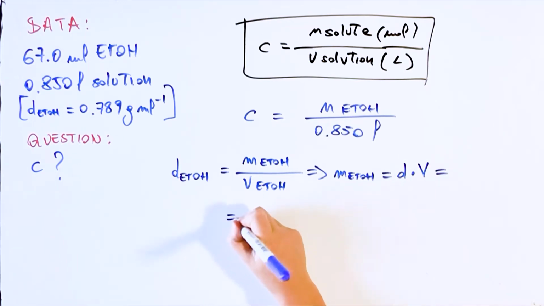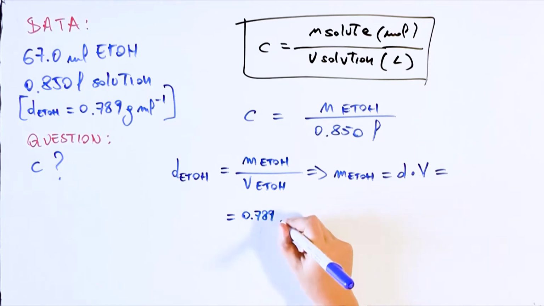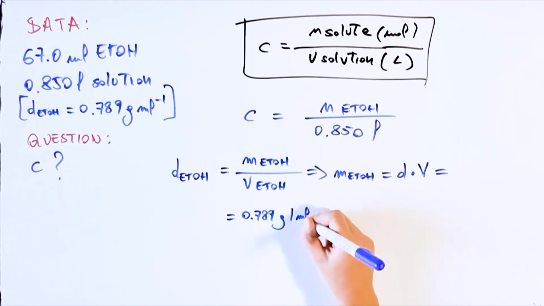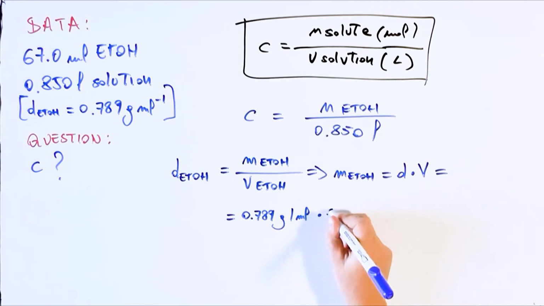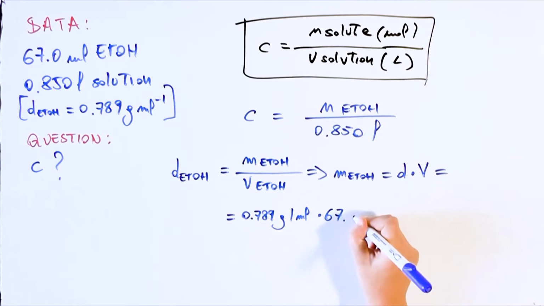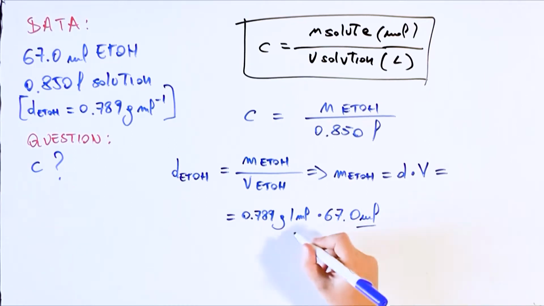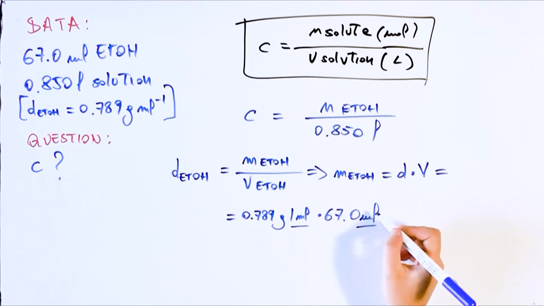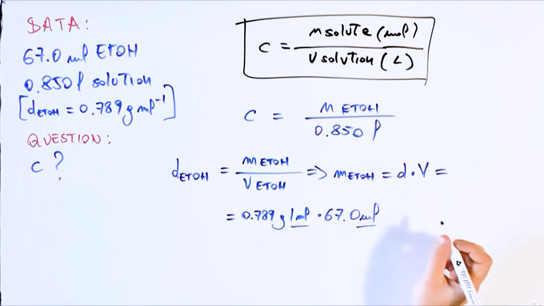So this is equal to density, which is 0.789 gram over milliliter, multiplied by the volume of ethanol, which is 67.0 milliliter. In this case you don't need to change the unit of measurement because density is expressed with milliliter, so we don't need to change anything.